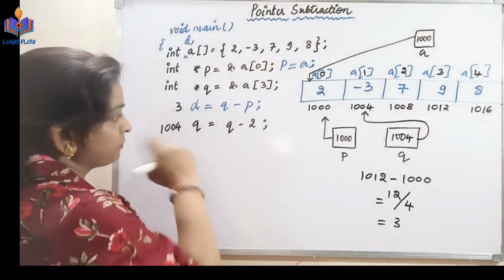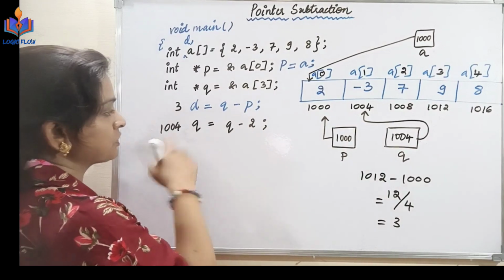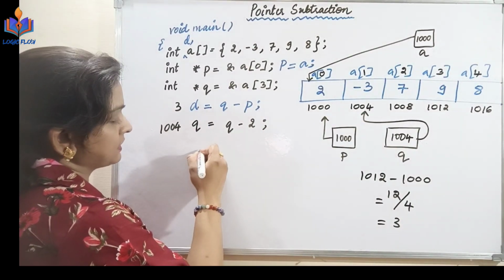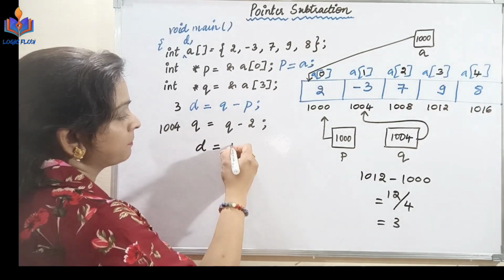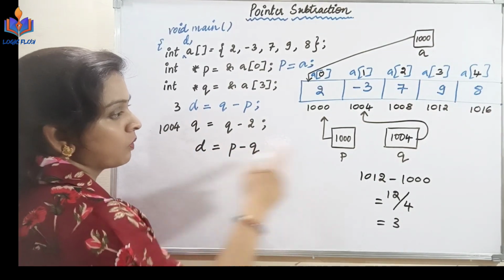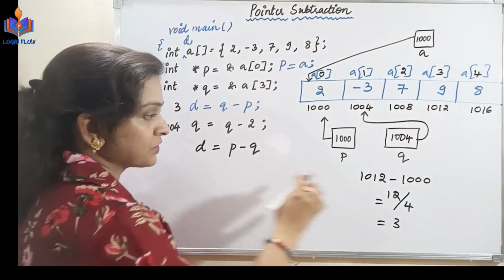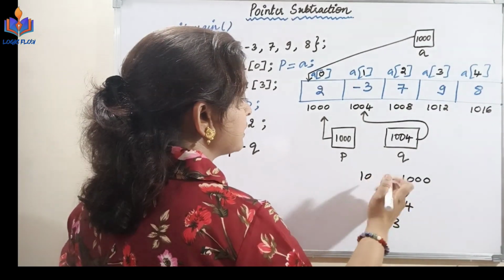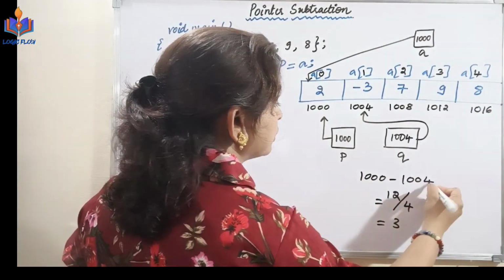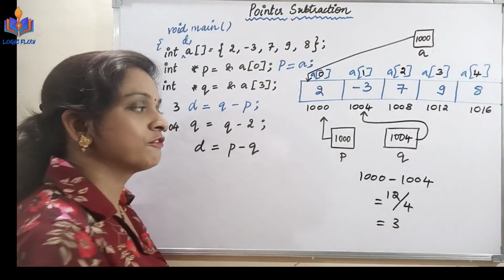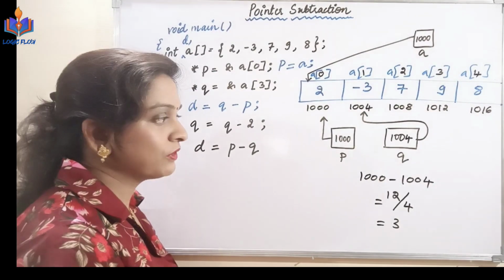Now Q has 1004. Once again I'll say D equal to P minus Q. What is P? It is 1000. Minus Q, it is 1004. So 1000 minus 1004, what will be the answer?